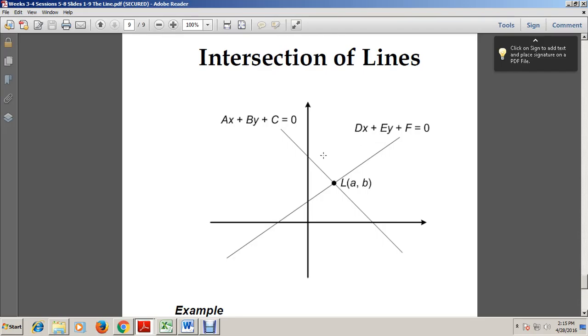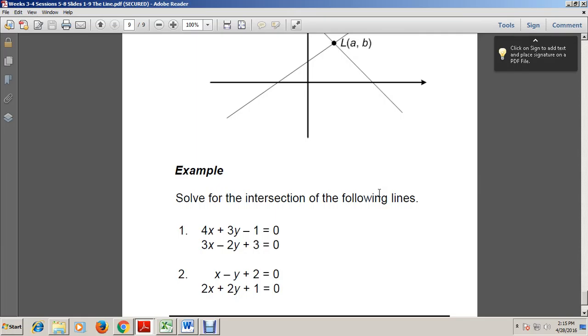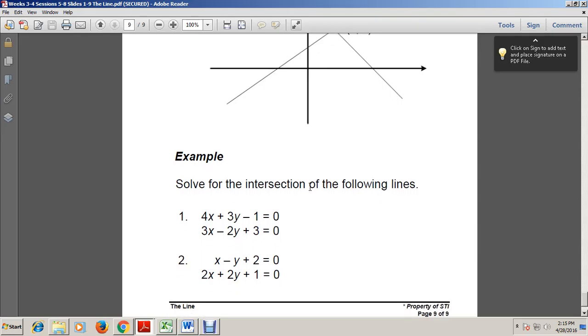These two lines are crossing each other at the point of intersection with the coordinates a and b. What is asked here is to determine the intersection of the given lines.